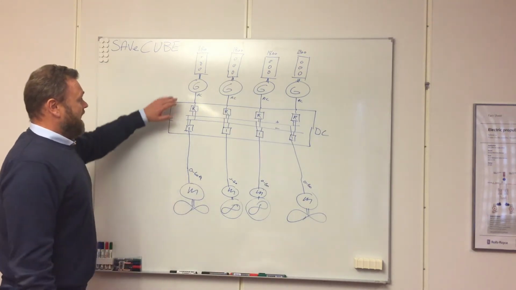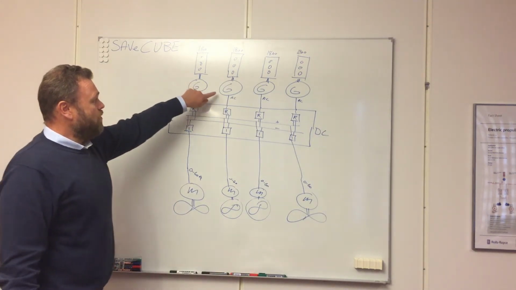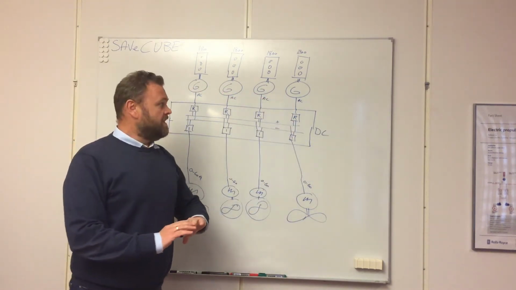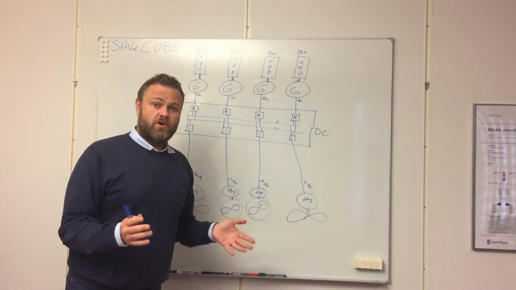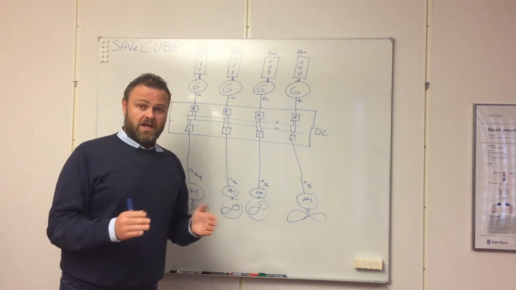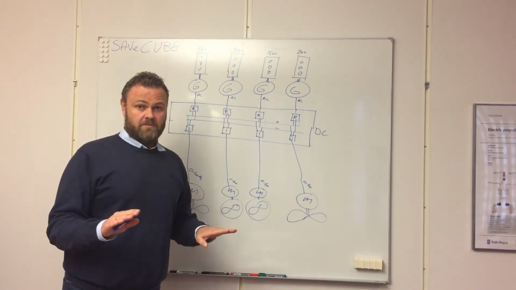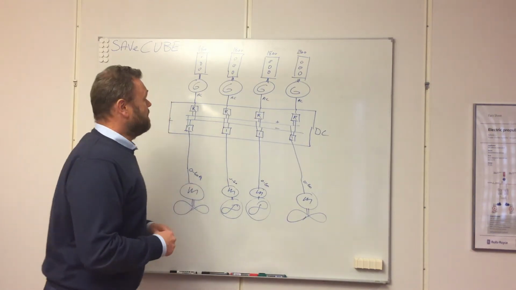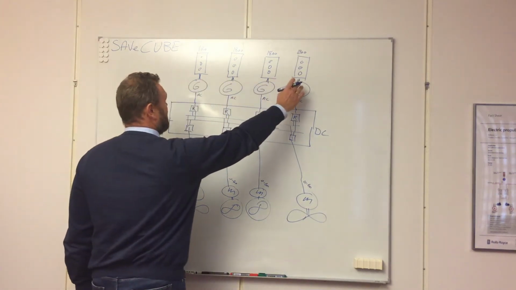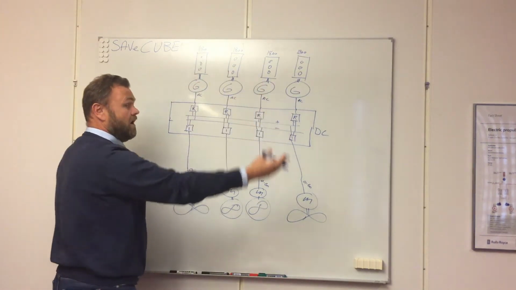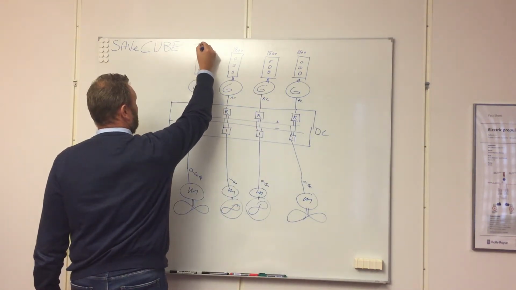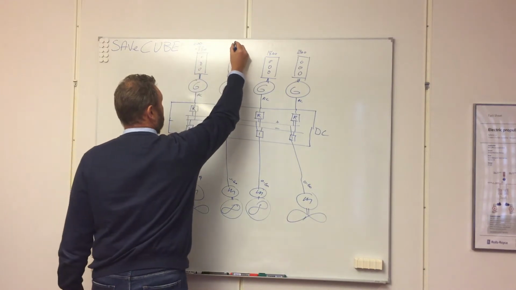So suddenly all our engines are disconnected from the requirement of having stable and fixed RPM. So suddenly all these engines can now run from idling, maybe 600 RPM, to 1800.